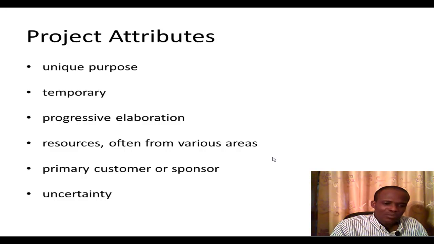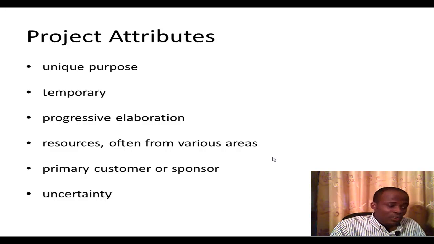Sometimes, depending on the nature of the project, it may be quite difficult to understand everything about the project right from the beginning. But of course, you should plan all the same. So as a project unfolds, a lot of things become clearer to you. That's the attribute we mean by progressive elaboration.